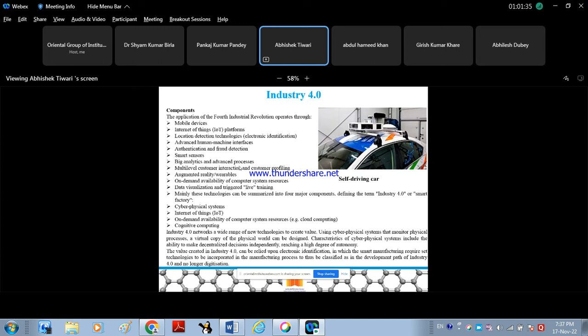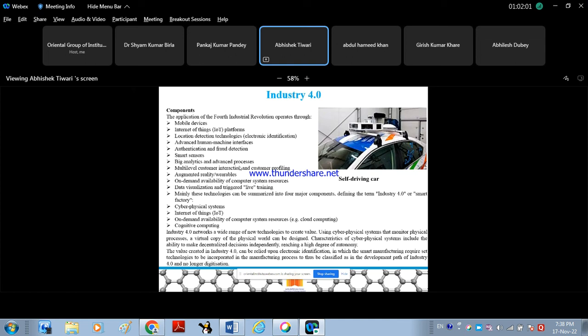So, Industry 4.0 networks a wide range of new technologies to create value, and using cyber physical systems that monitor physical processes, a virtual copy of the physical world can be designed. Characteristics of cyber physical systems include the ability to make decentralized decisions independently, reaching a high degree of autonomy.